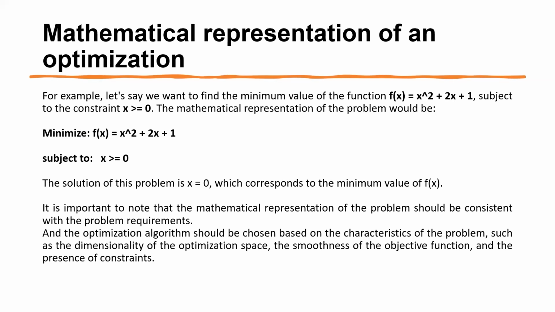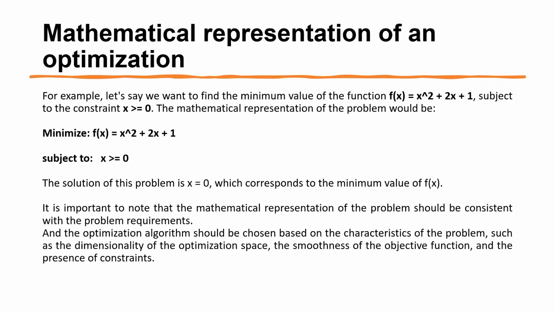We want to minimize that function, meaning if x is equal to 0, the function value is minimum, and the constraint also allows x to be 0. That is how simple. We need not have any algorithm; I can solve it by looking at it. But this is definitely not how real world problems are, for sure.